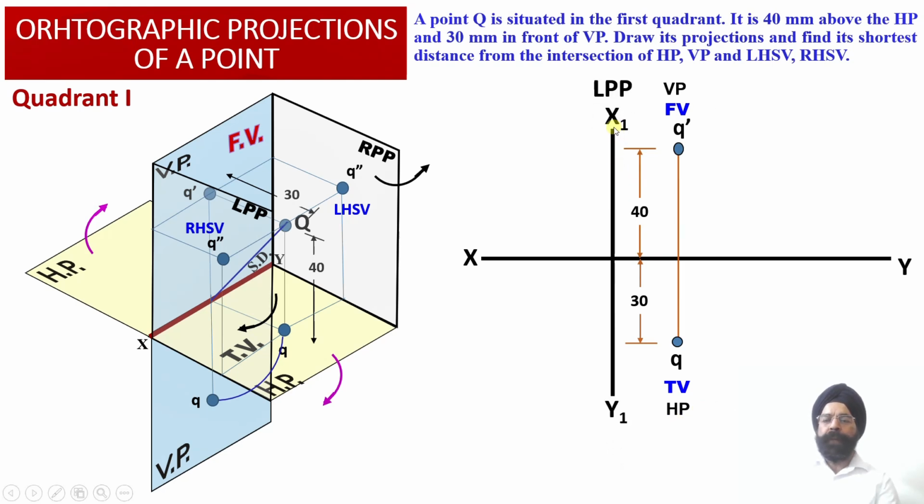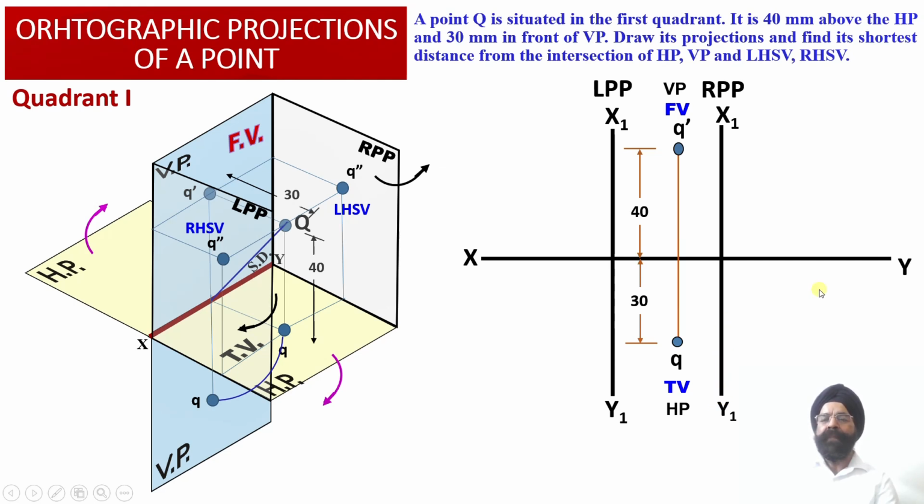Now here we have obtained the left profile plane X1, Y1 on the left side of the front view orthographic projection, and the right profile plane has been obtained as X1, Y1 on the right hand side of the front view orthographic projection.